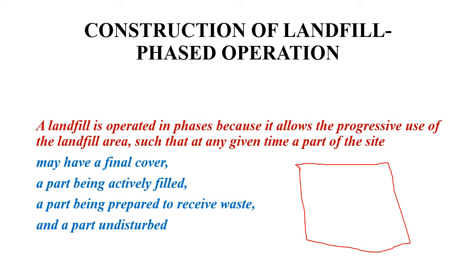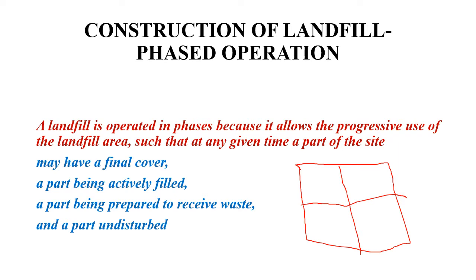Basically you will divide this area into different phases, into however many phases depending upon the size of that area. Each of these sub areas is called a phase. So the landfill construction basically happens as a phased operation.